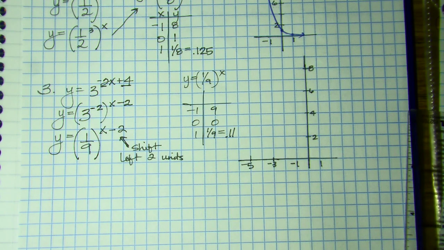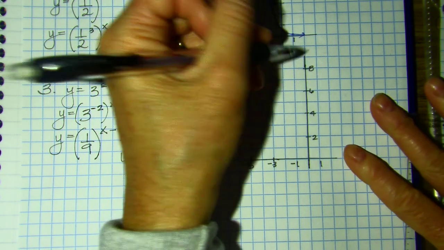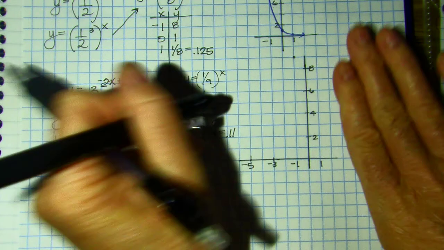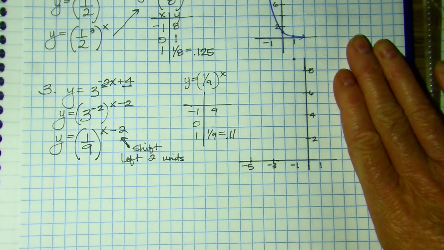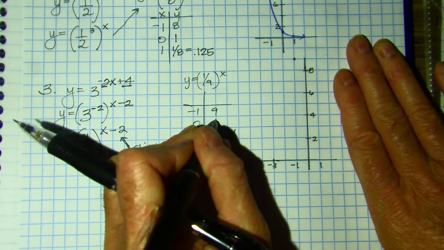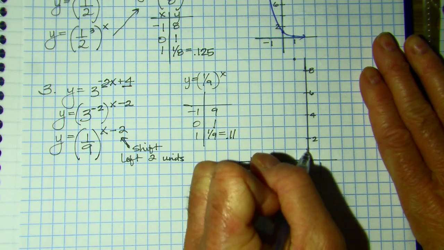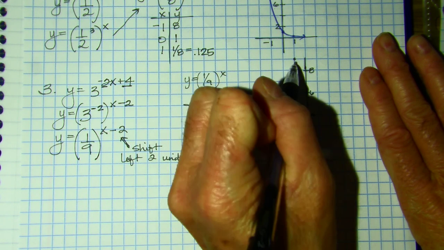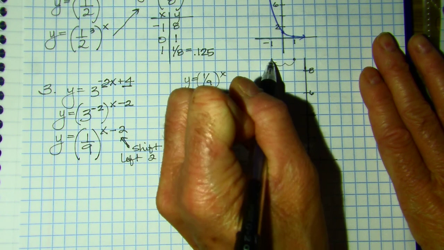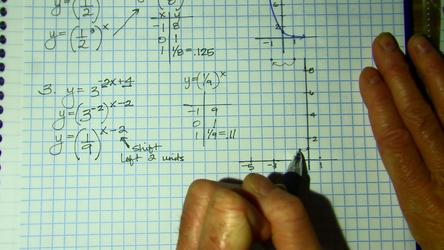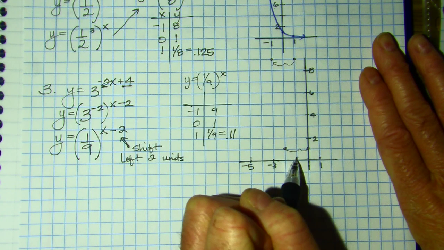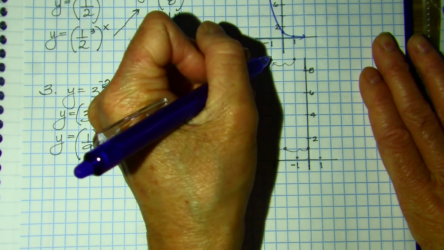So with a pencil, my original graph should be at -1, 9. Whoops, this should be 0, 1, right? Anything to the 0th power is 1. So then the next point's here at 0.11, right? But we're shifting it 2 units to the left. 2 units to the left, 2 units to the left, and here is my graph.